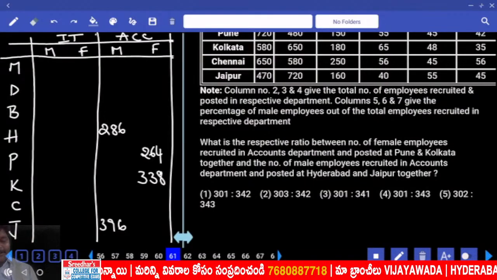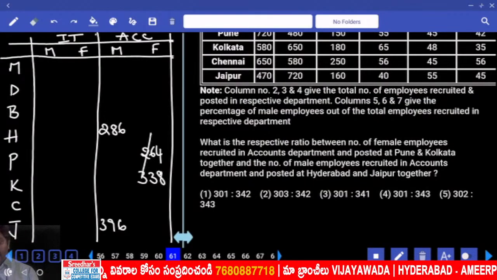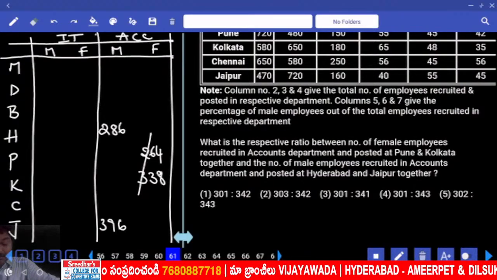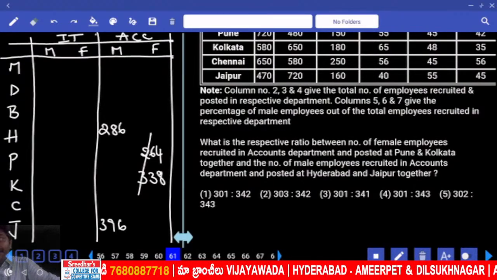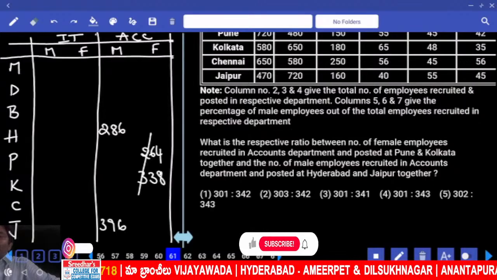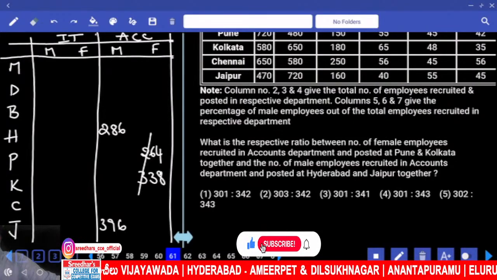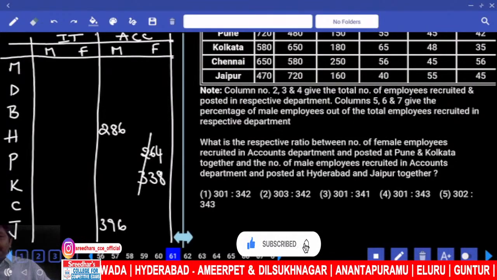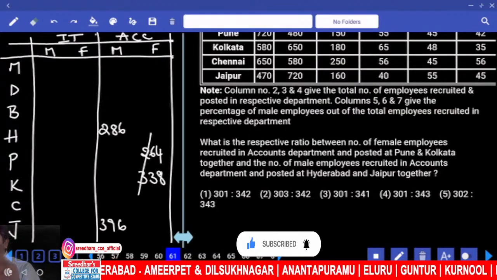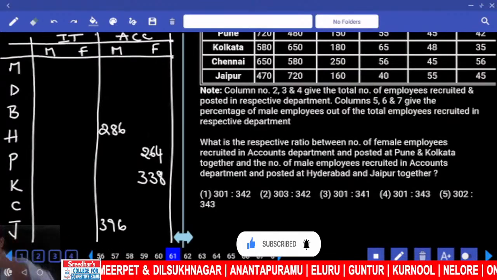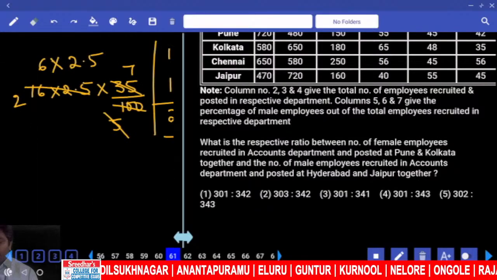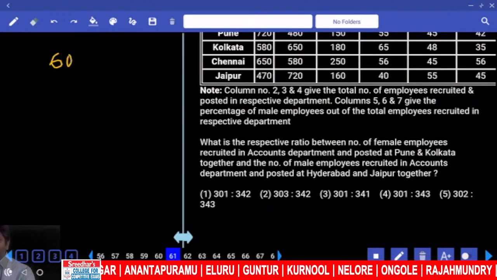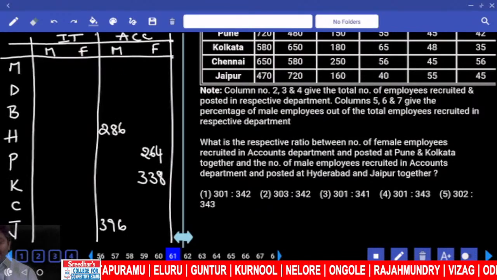First the female total: 200, 300, 60, 30, 5, 90. To make it a round figure, how much do we need? 10. Units digit 4 plus 8 is 12. Take 10. 600, round figure, and then 2. Correct? Total divided by.